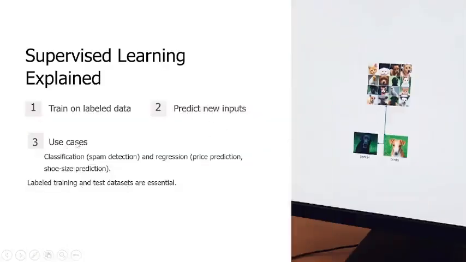So those are example use cases of supervised learning. Now, this brings us to the next thing. Supervised learning is classified into two. Just like we said, there are three types of machine learning: supervised, unsupervised, and reinforcement. Supervised itself is classified into two.